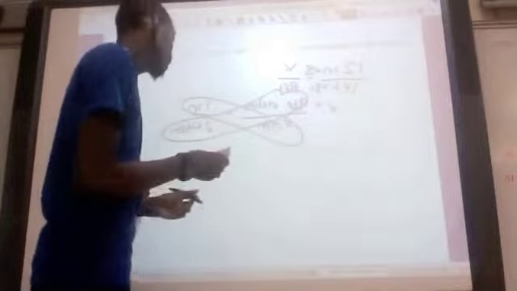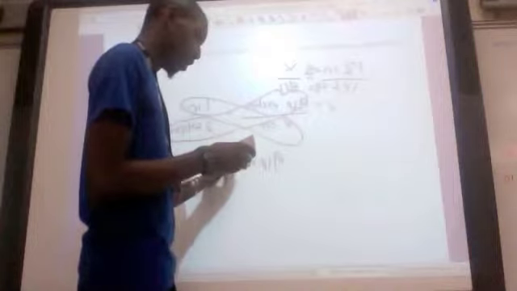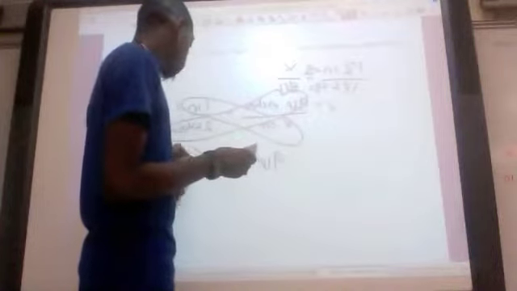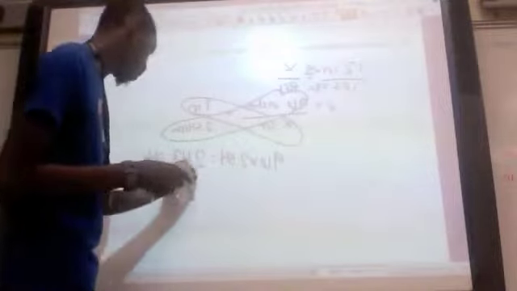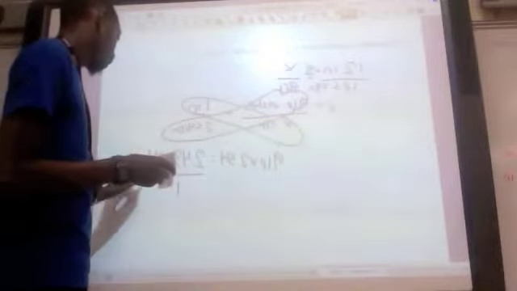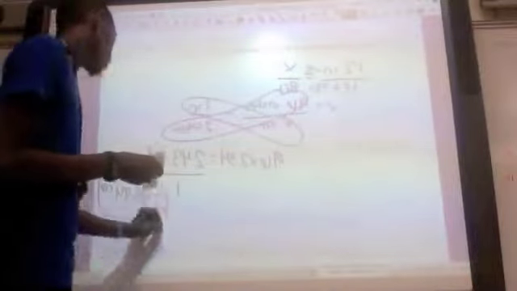We're going to do 96 times 2.54, and we get 243.84. When we divide that by 1, we get the same thing. So 243.84 centimeters is your answer.